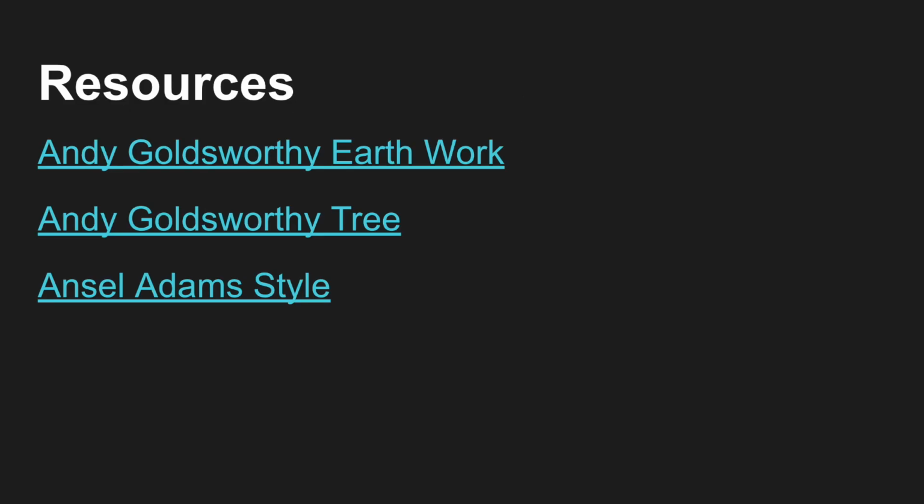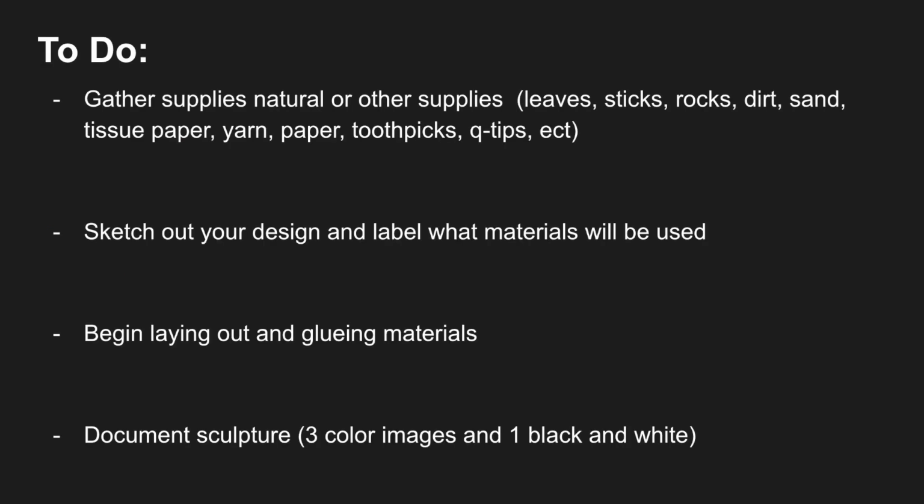I've included some video resources about Ansel Adams' style and Andy Goldsworthy talking about 2 of his projects. Now, what you're going to need to do is gather your supplies. This can be natural or other. You're going to want to sketch out your design. Make sure you're labeling what materials you're going to be using.